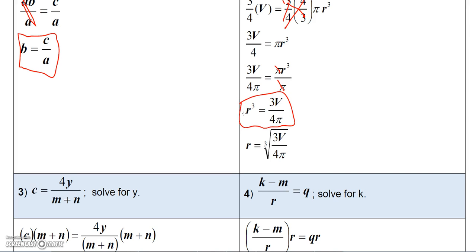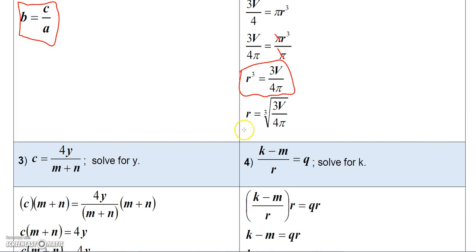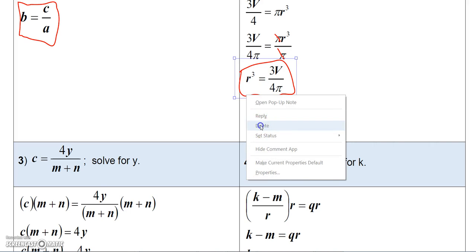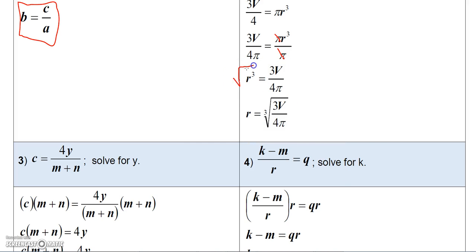That tells me what r cubed is. So if I want r, I actually have to take the cube root of both sides. The good news is when you take the cube root of r cubed, you get r. And then when you take the cube root of this, you just get the cube root of this. So r would be the cube root of that entire quantity, 3V over 4 pi.